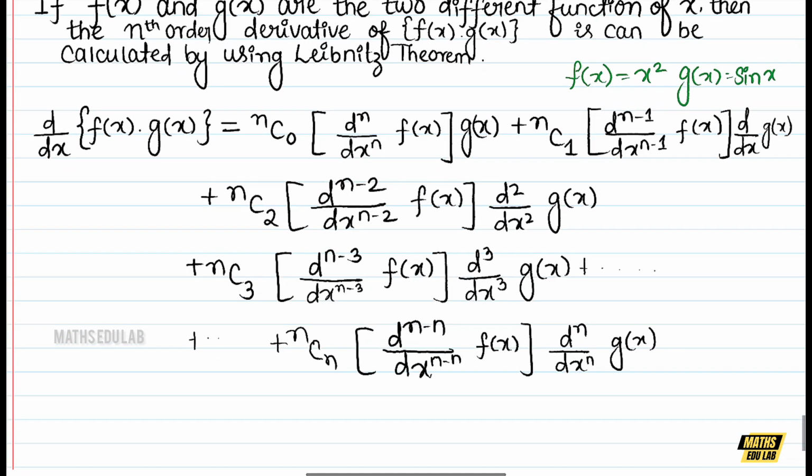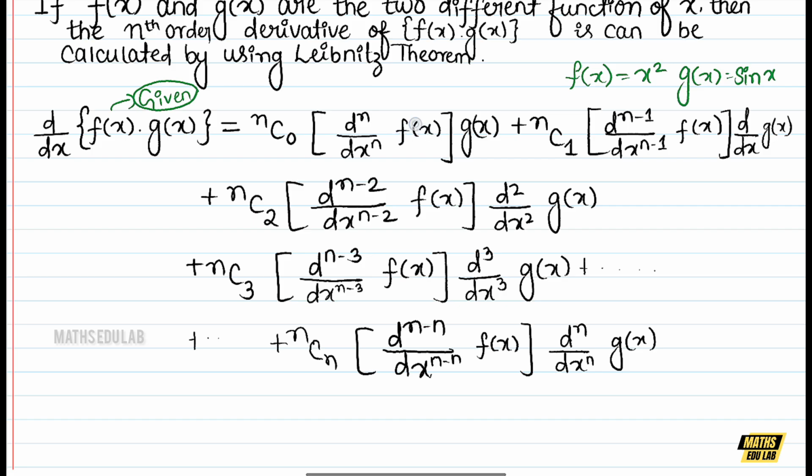This is the formula: d^n/dx^n of f(x) g(x). This will be given to us, so this is the given part in the question. The formula is nC0, that means permutations and combinations. From that we get nC0 d^n/dx^n f(x).